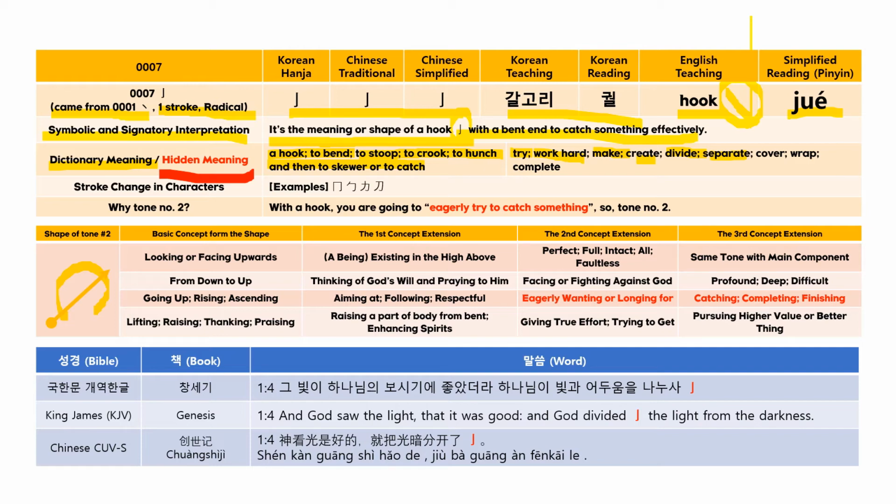Why does it have these hidden meanings? You need to think about that, and also cover, wrap, complete, to the end, finally. All sorts of these hidden meanings are included in this character. So please try to remember these hidden meanings.